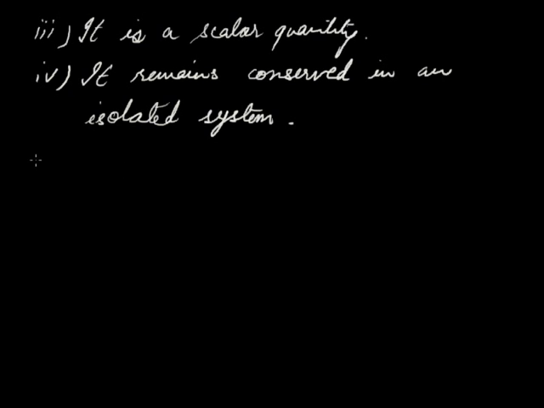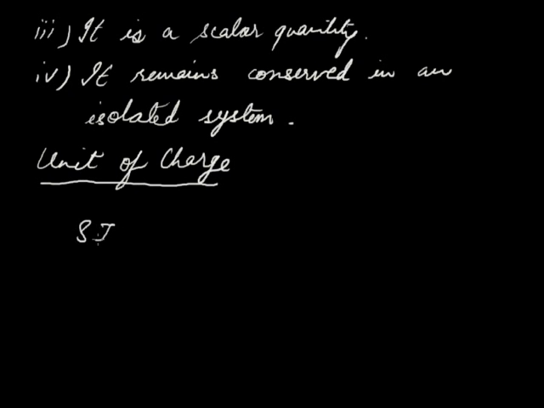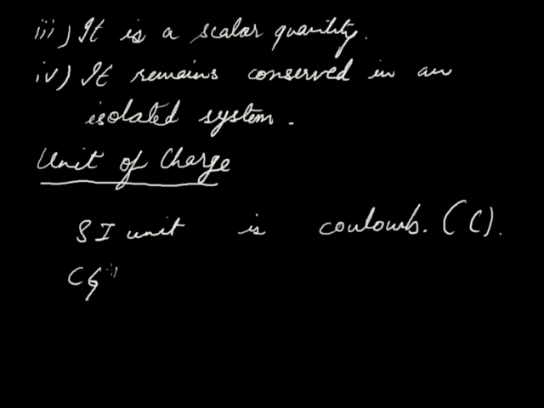Now, we should discuss the unit of charge after the properties of charge. We know that the SI unit of charge is the coulomb, which is named after a great scientist. Then we have the CGS unit of charge, which is the statcoulomb.